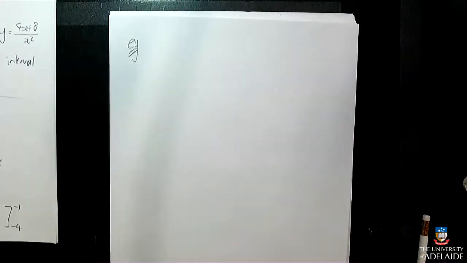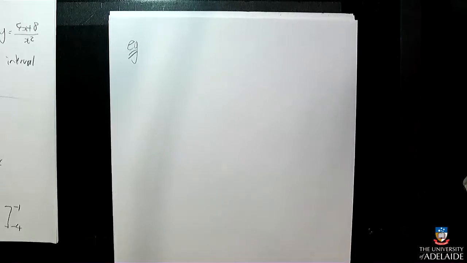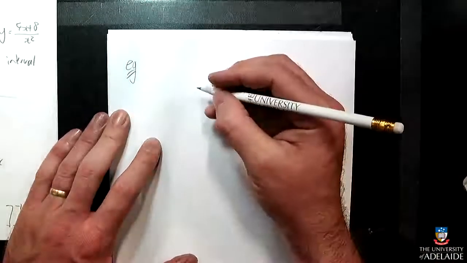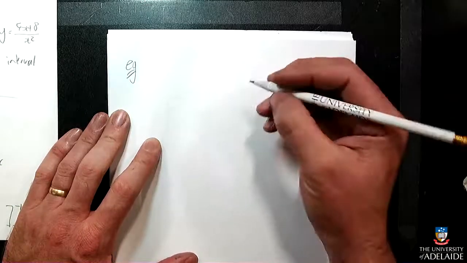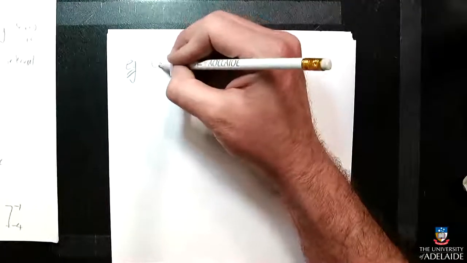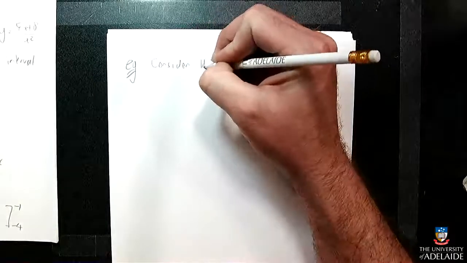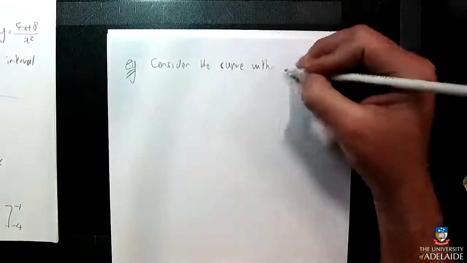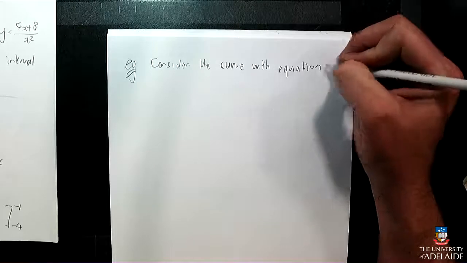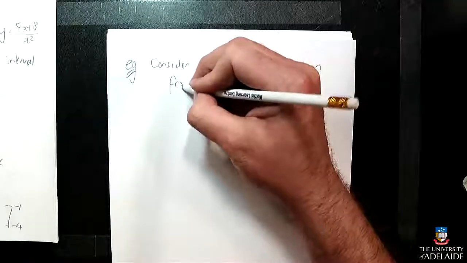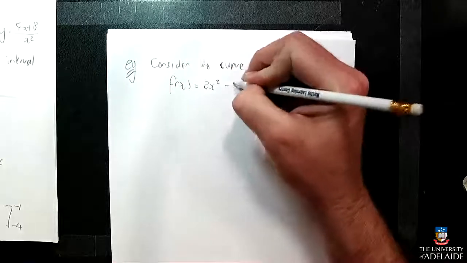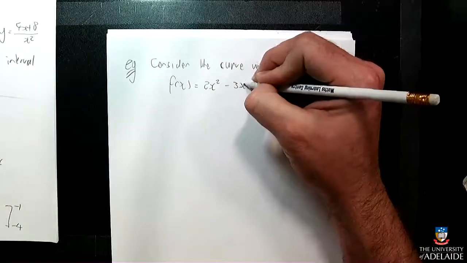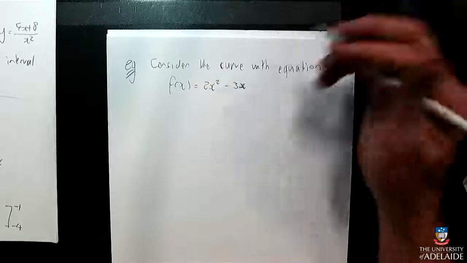Okay. Let me just think about this. All right. So we're going to consider the curve with equation f of x is 2x squared minus 3x. Okay.